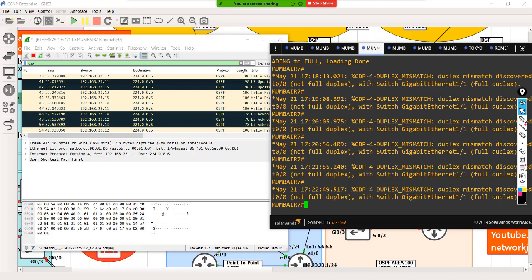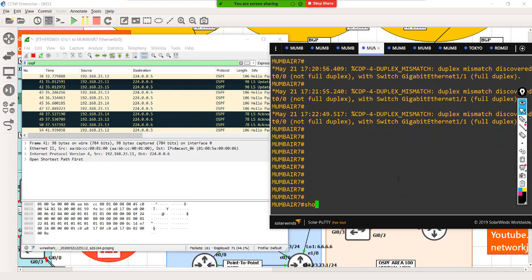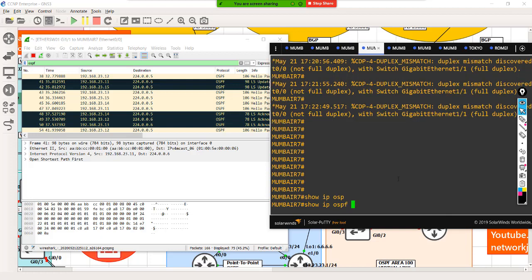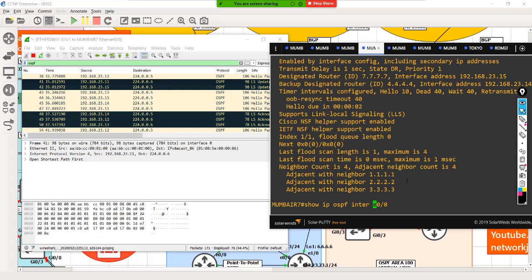Now let's quickly go to the 7th router, that is Mumbai router 7, and do show ip interface Ethernet 0/0.